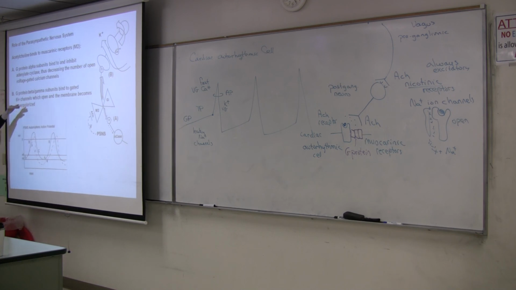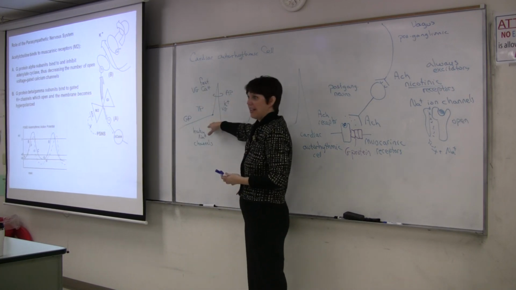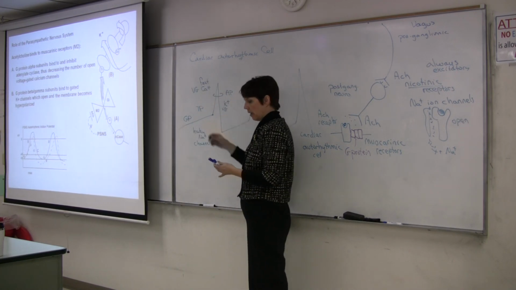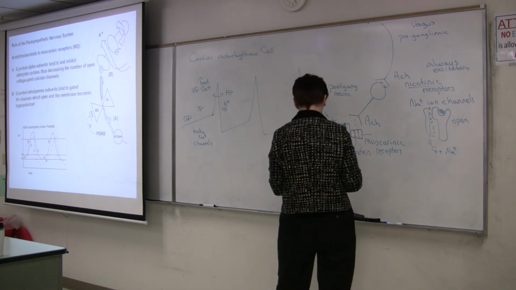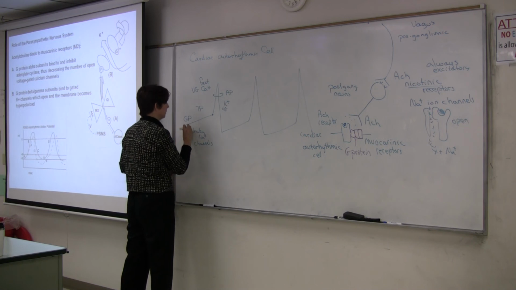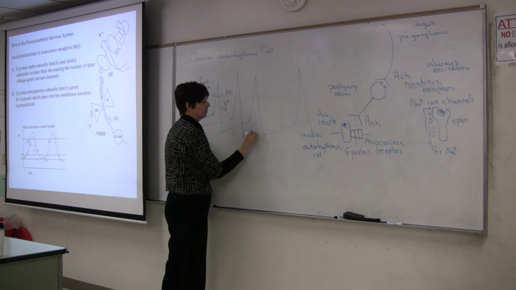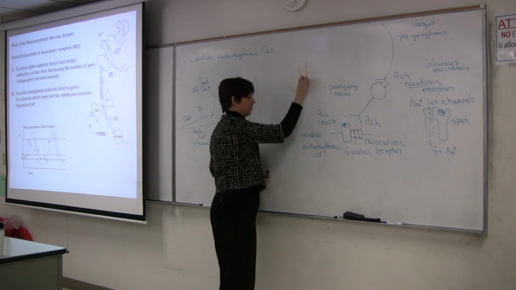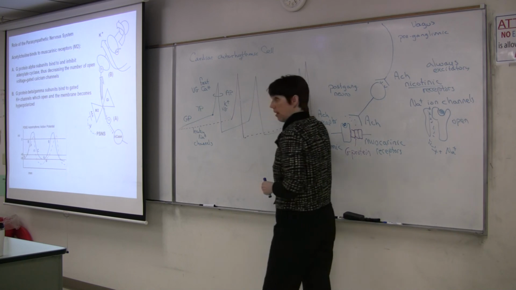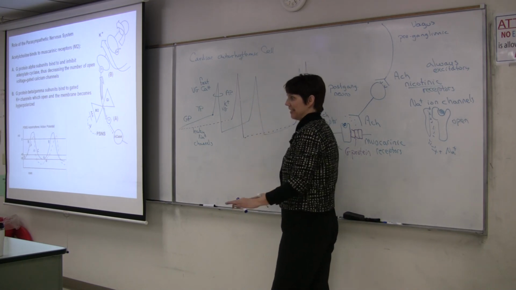With the potassium channels open, it's taking longer to gain enough positive ions to reach threshold. So what we see is the influence of acetylcholine. Every peak is a heartbeat. Our heart rate has decreased.